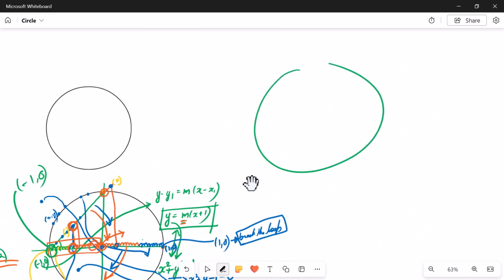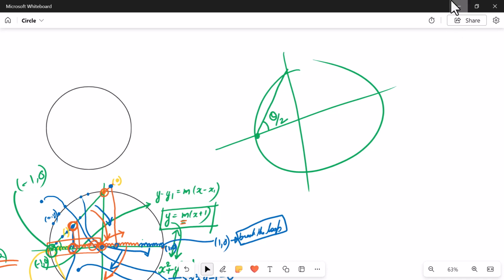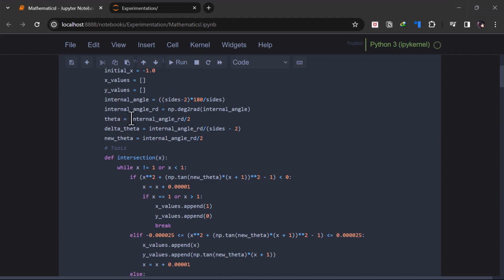The angle for the first line is very easy to calculate because the first line will be at an angle theta by 2 from the positive direction of the x-axis. So this is the starting angle for our first line: the internal angle in radians divided by 2.